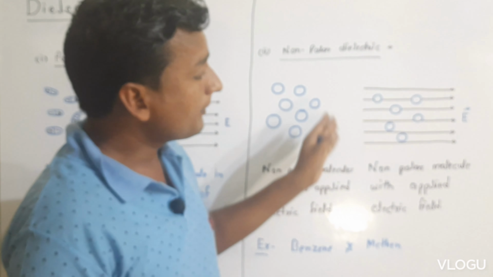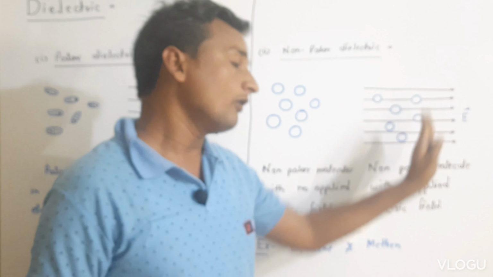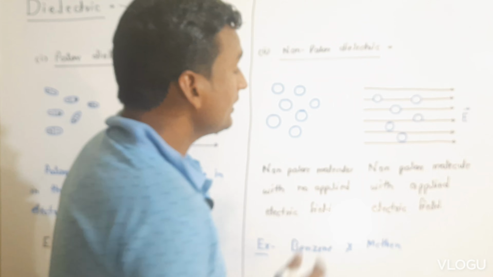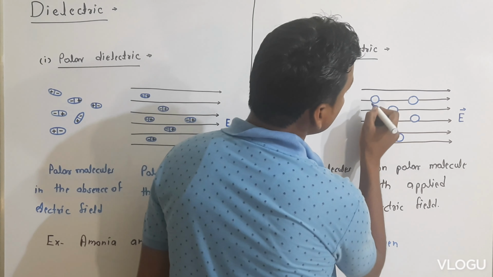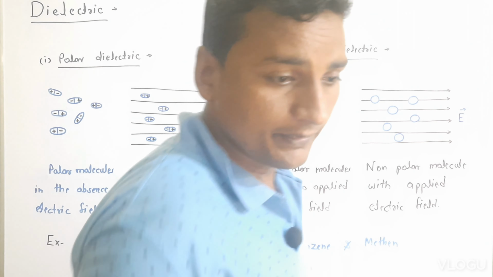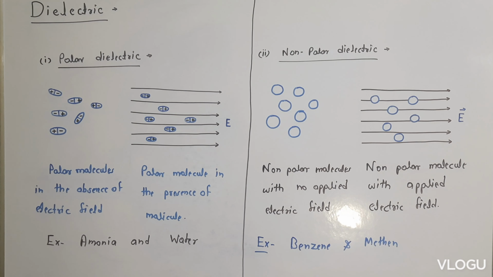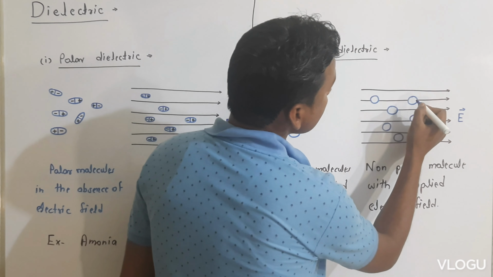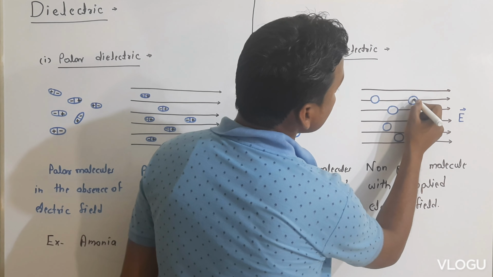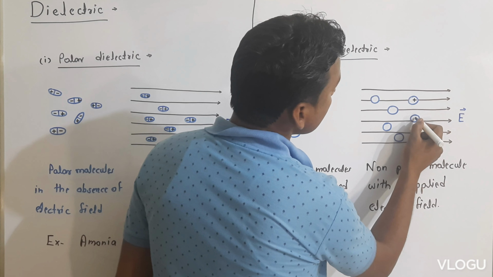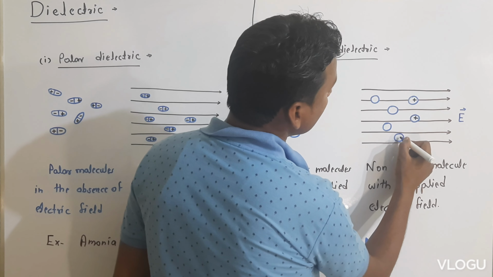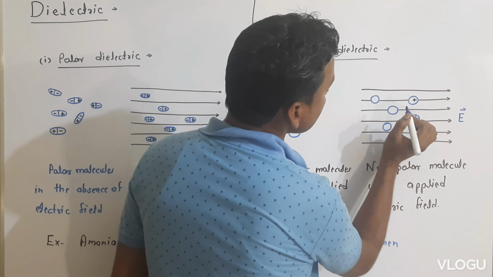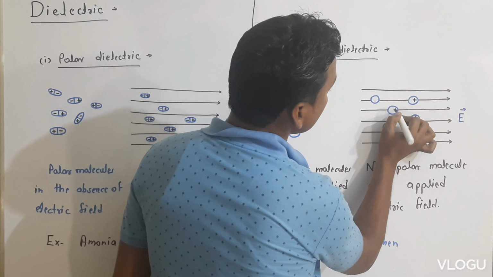But when we apply an external electric field to a non-polar molecule, their negative and positive centers shift. Positive centers shift in the direction of the external electric field, while negative centers shift in the opposite direction.